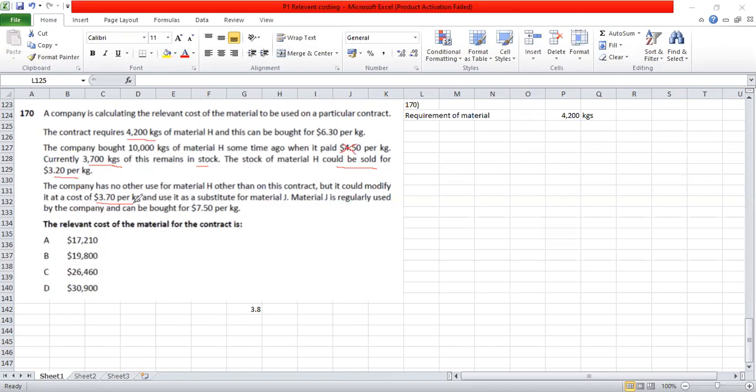So there is one material J which is available. The cost of material J is 7.50. Modification costs are given as 3.70. 7.50 minus 3.70 modification cost will be the relevant cost.